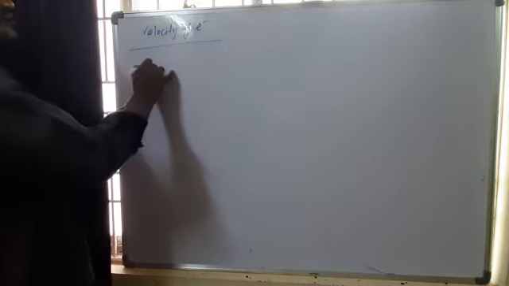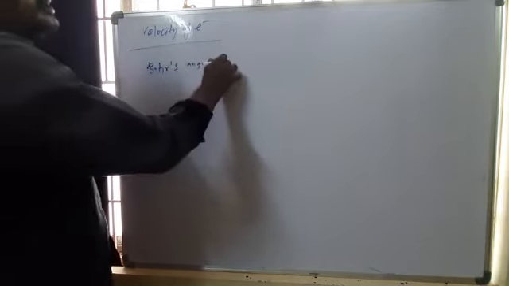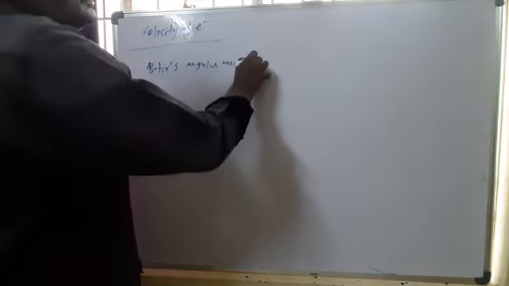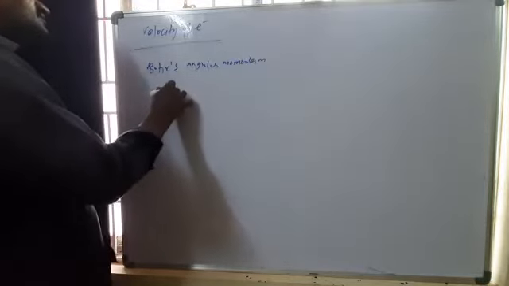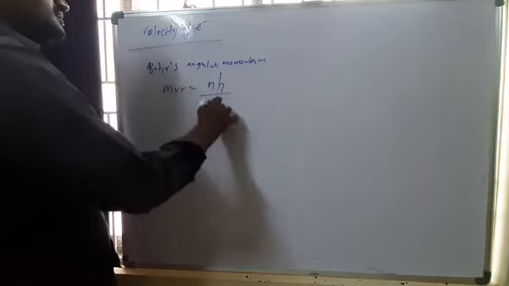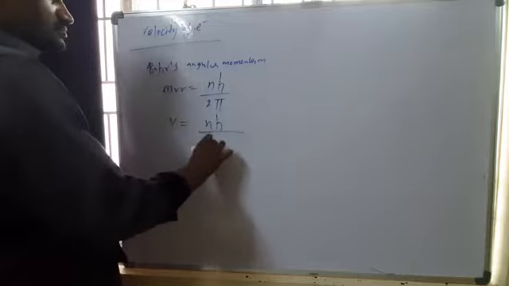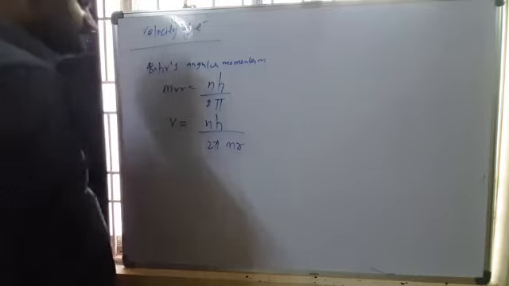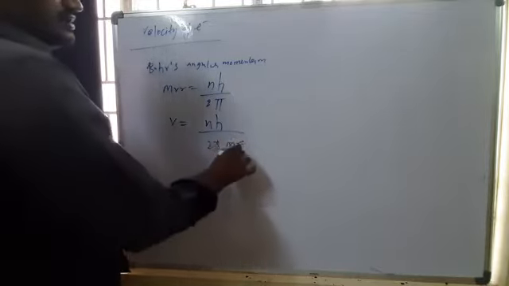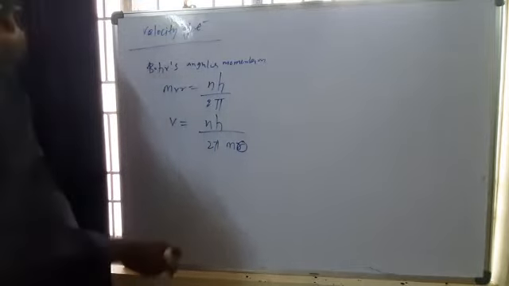Now the velocity of an electron in the hydrogen atom. From Bohr's angular momentum, mvr equals nh by 2 pi. From this, v equals nh by 2 pi m r, where r is the radius of the orbit.